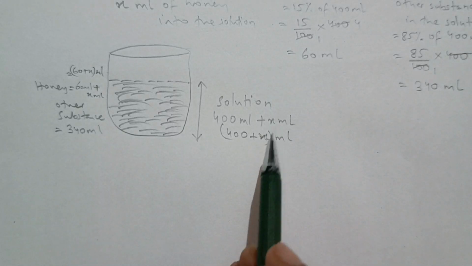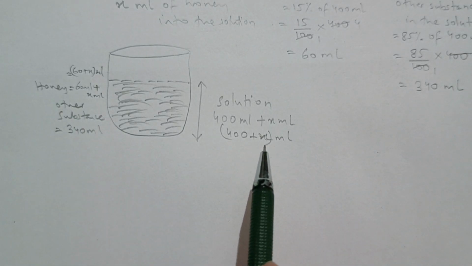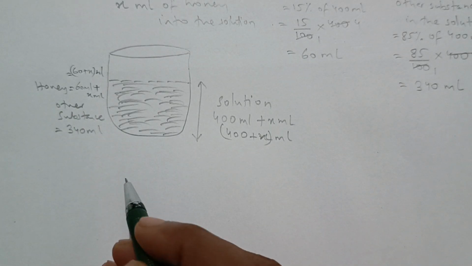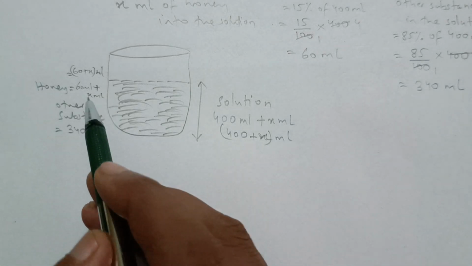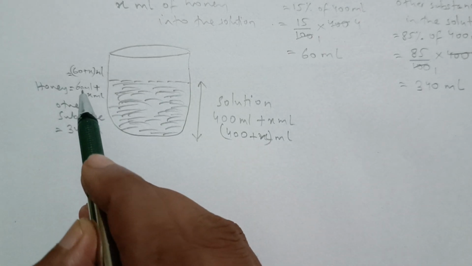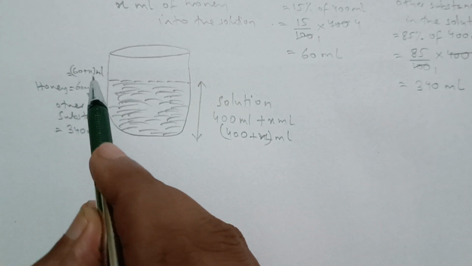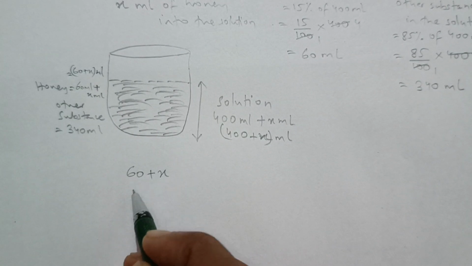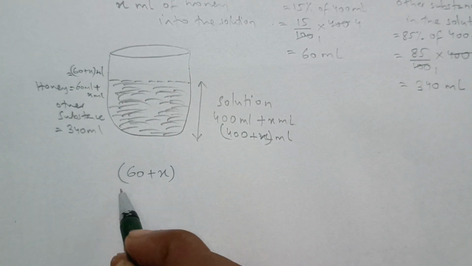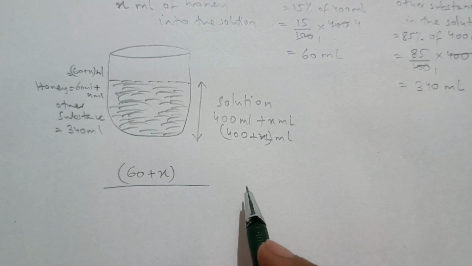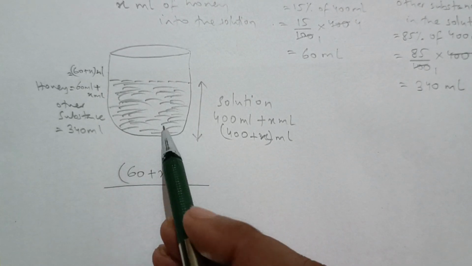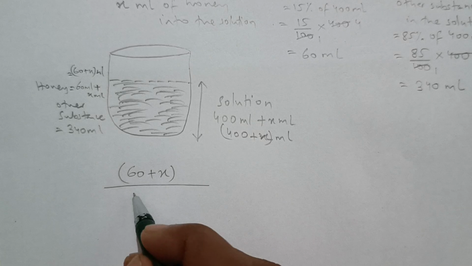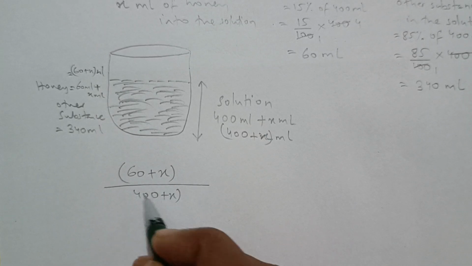So this information can be framed in a mathematical statement. How? The honey content is 60 plus x milliliters. Upon what is the total content of this solution? It is 400 plus x milliliters.